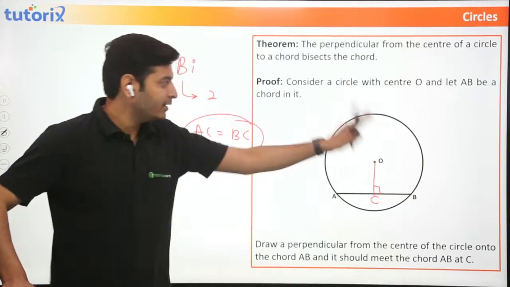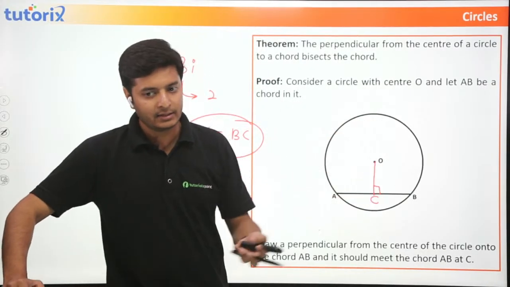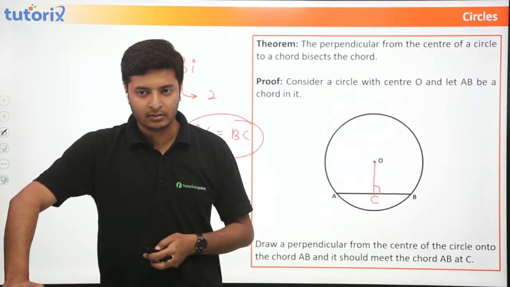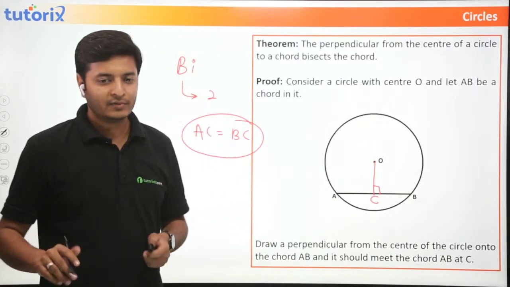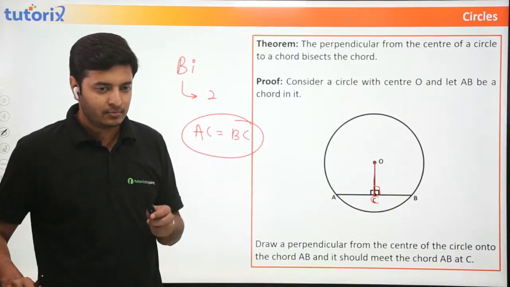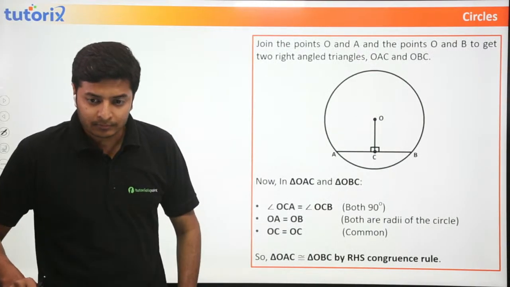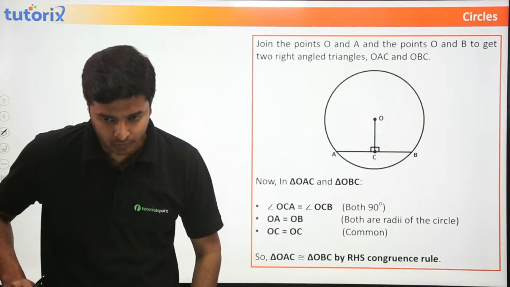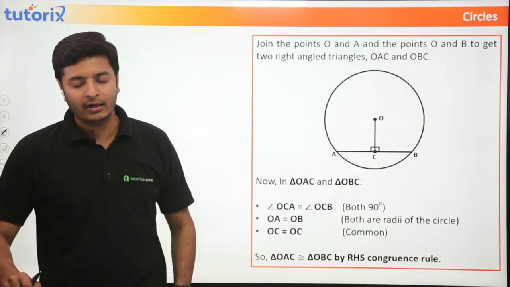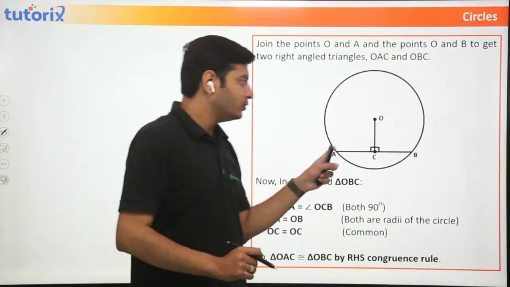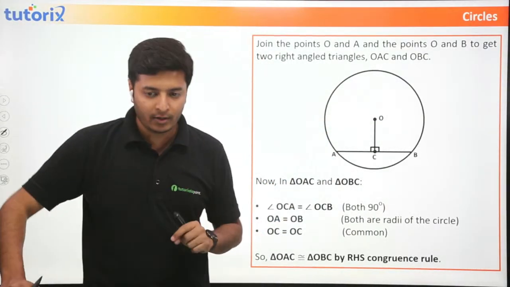So is there any triangle that you can see? There isn't. So first, let's create some triangles. We can join A to O. And also, if we join A and O, we get one triangle.